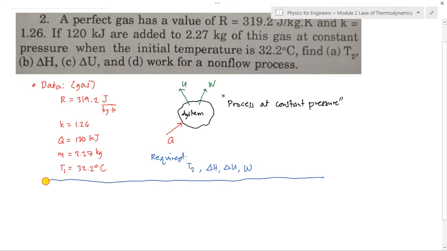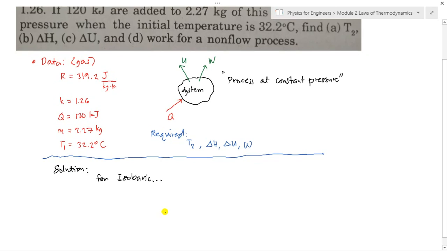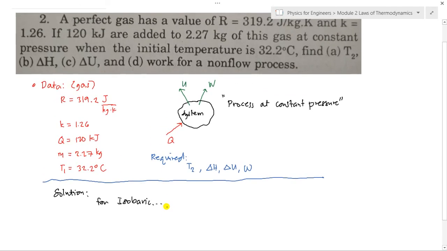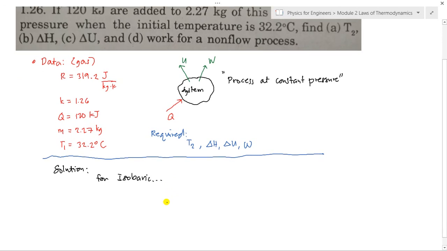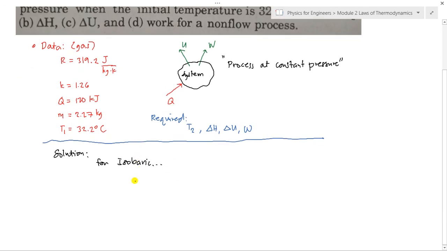Okay. So let's solve this one, class. So solution. So for a constant pressure, so that is for isobaric process. So let's start by having the work W. Okay, work W is equals to P dV, or that is equal to P times V2 minus V1.